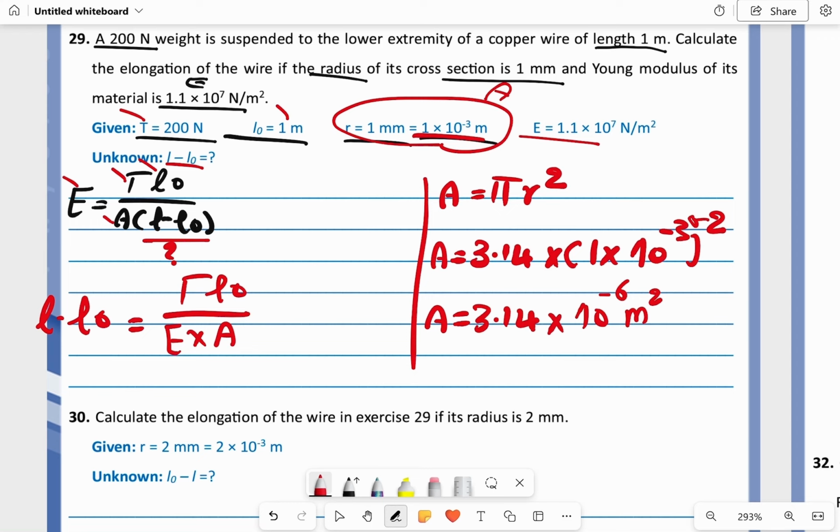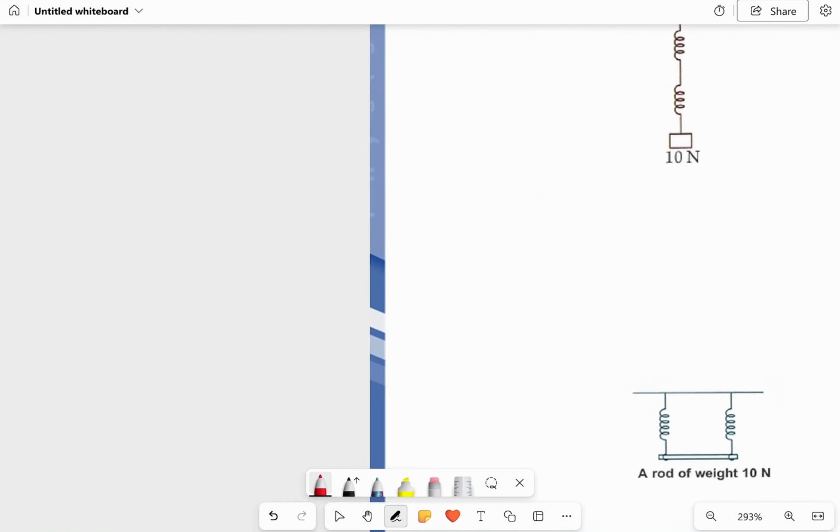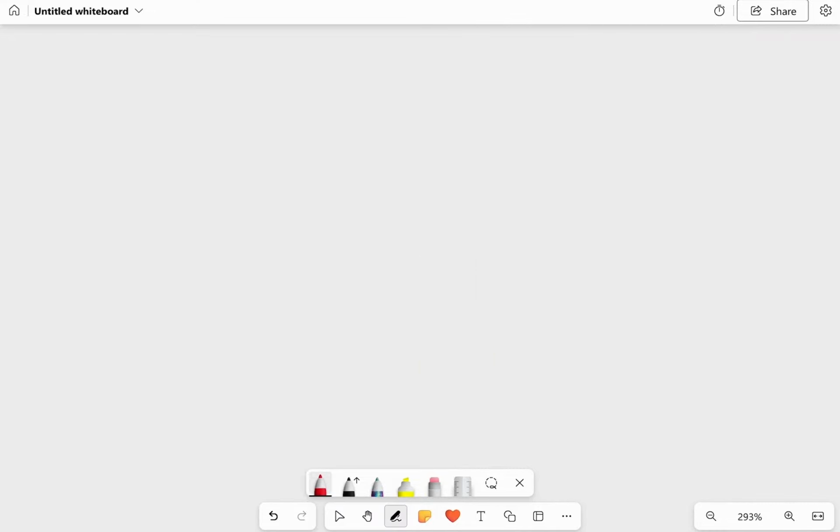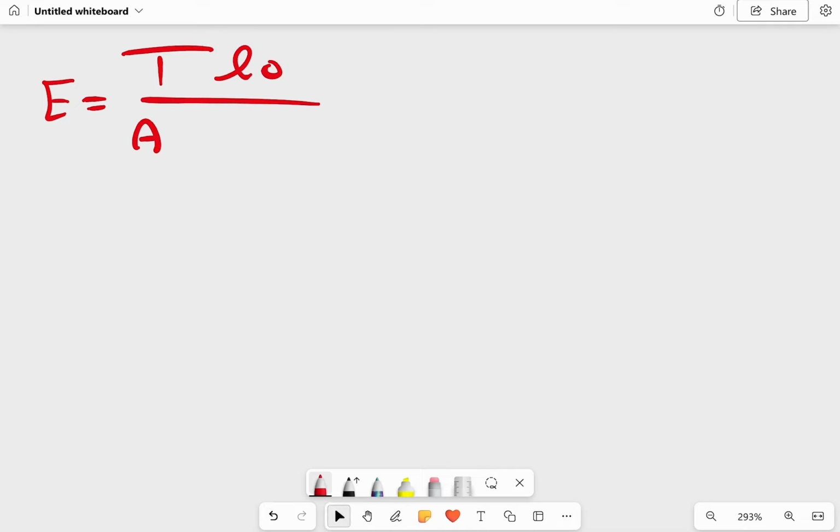Or let me just show you how you can get this one. Look guys, you have Young's modulus, which is equal to tension multiplied by initial length, divided by area multiplied by elongation. So you have L minus L naught.